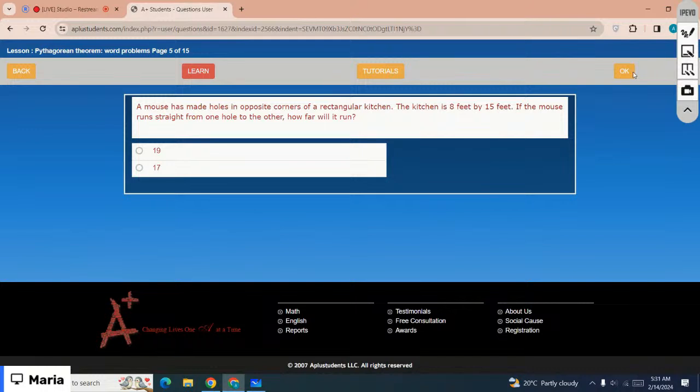So that means the straight distance from, no, that is 17. The correct option is 17, right?